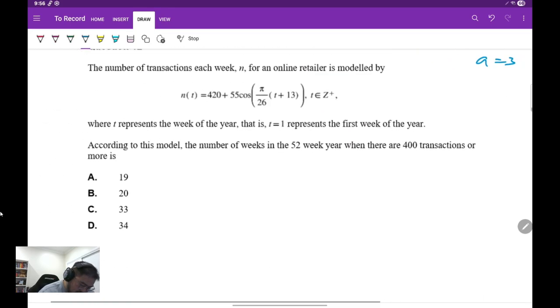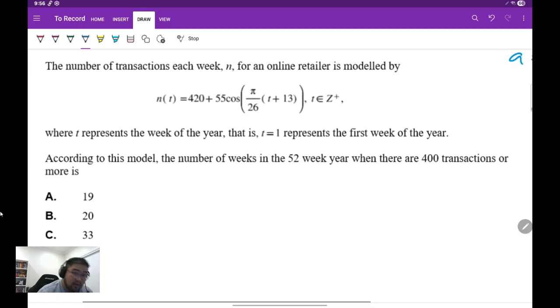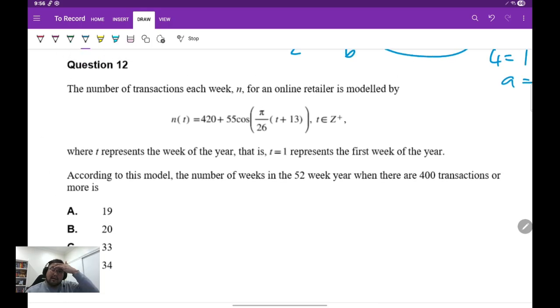All right, question 12. All right, so from here, we've got the number of transactions in a week for an online retailer is such. So we need to almost graph this equation. And when we graph this equation, we're going to have a look at where is 400, and we need to look at above.